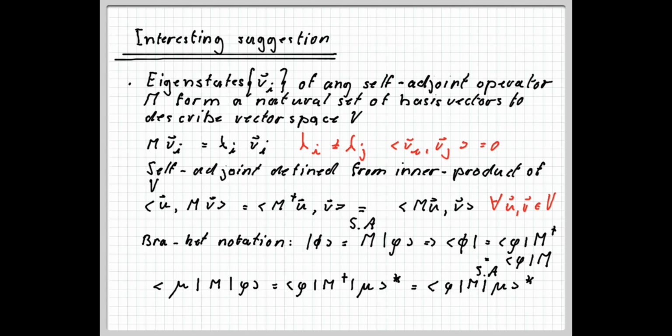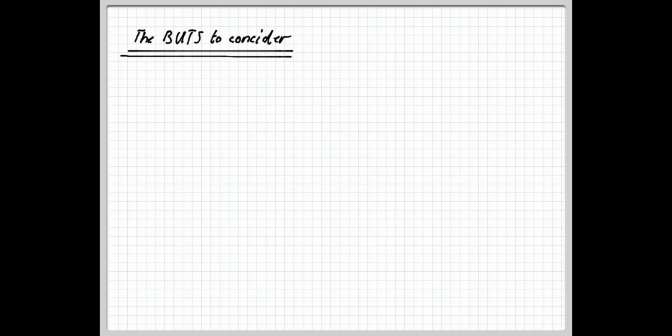But, as always, there are some buts to consider. Let's look at them first. What are the buts to be considered? One or more eigenvalues can turn out to be 0. Or what is an identical statement, if the determinant of our matrix turns out to be 0.